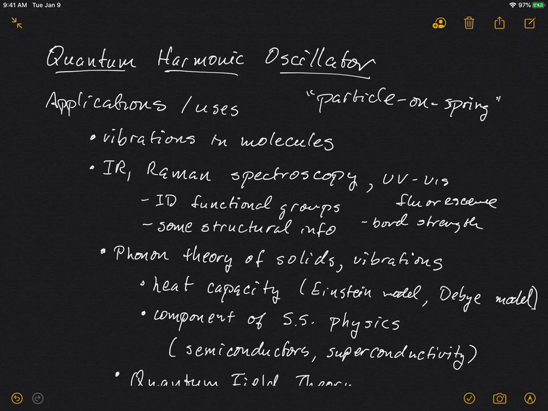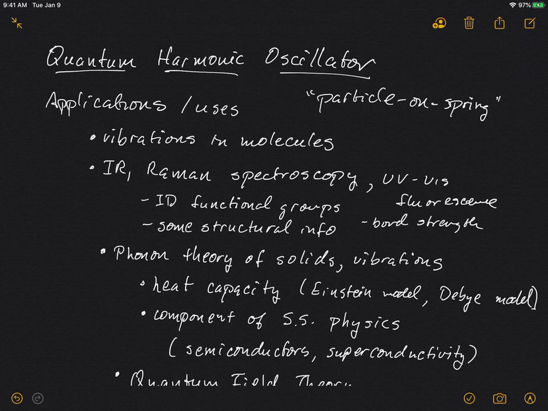And the harmonic oscillator model is the basis for, and extends into, the phonon theory of solids, so vibrations of solids. And that's important for understanding things like the acoustic phonons and the optical phonons.